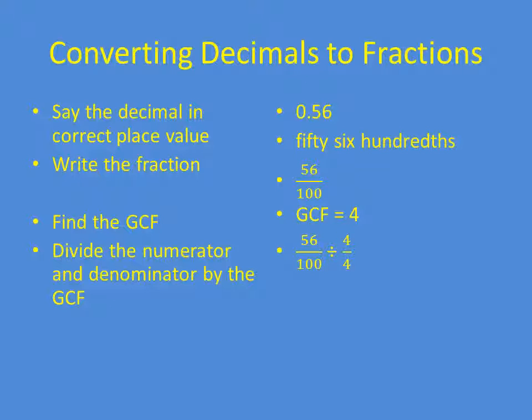My numerator is my top number, right here, the 56, and my denominator is the bottom number, the 100. And I'm going to divide them both by 4, putting my fraction in simplest form, so I have 14 over 25, and it's called 14/25.